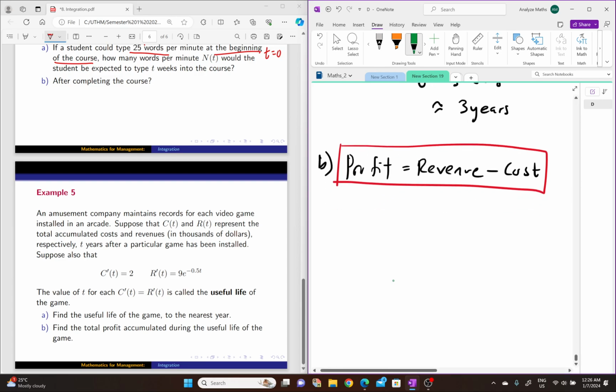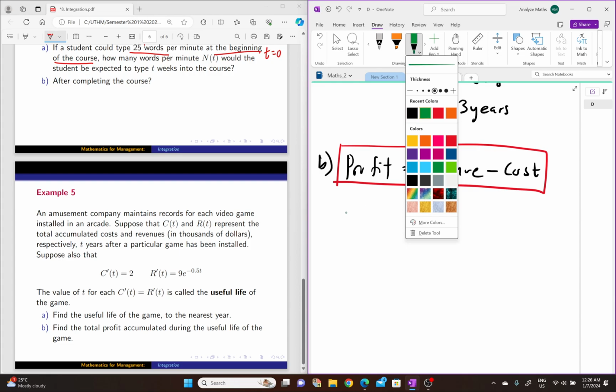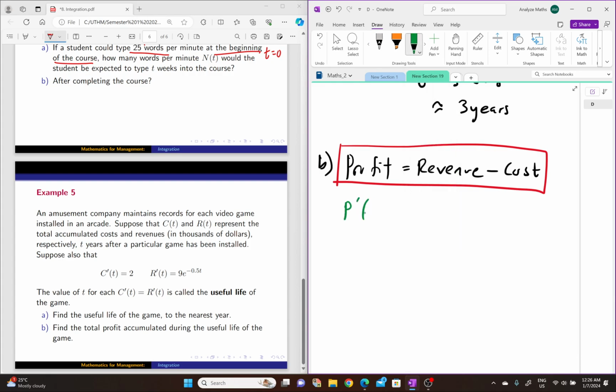We can do separately one by one. Now in this case we have to use another idea whereby if we differentiate profit, basically we are differentiating revenue and also cost. And let us find the marginal profit function first.